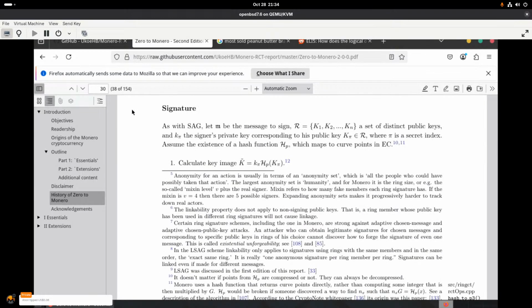As with SAG, let M be the message to sign, R equals K1, K2, ..., Kn, a set of distinct public keys, and the key k_pi, the signer's private key corresponding to his public key K_pi, where pi is the secret index, and assume the existence of the hash function Hp, which maps to curve points in EC, the elliptic curve. Calculating key image, K tilde equals k_pi Hp(K_pi).